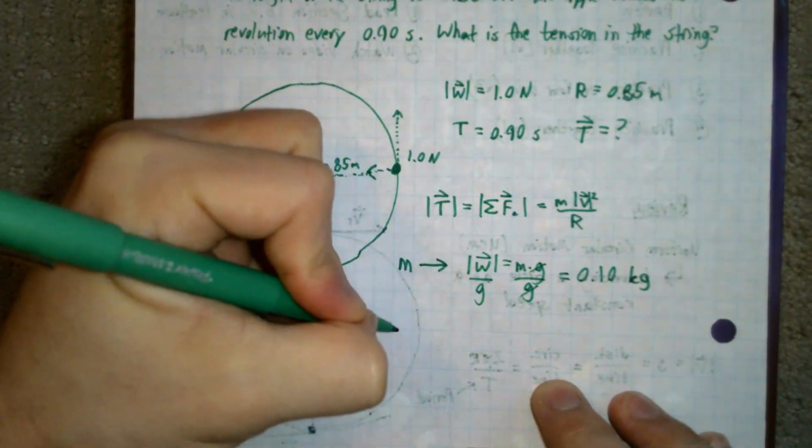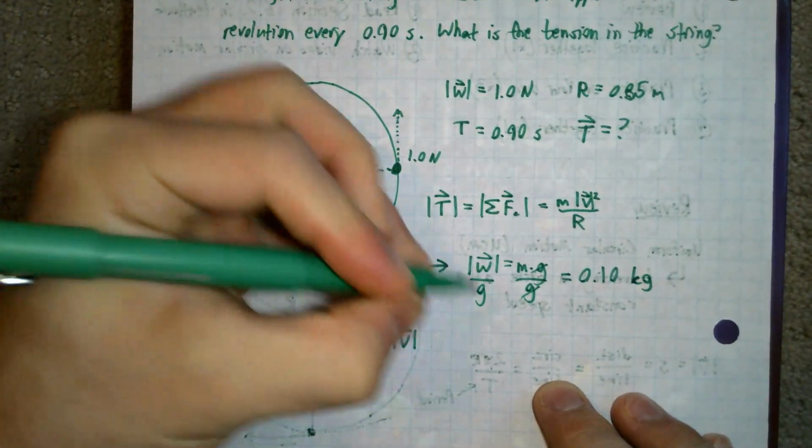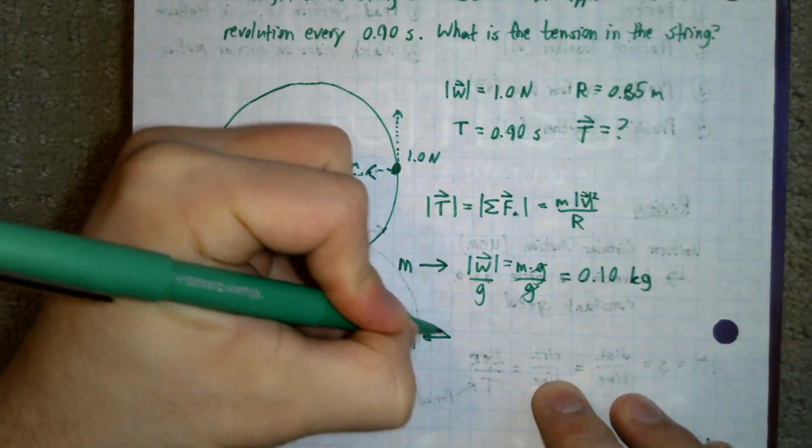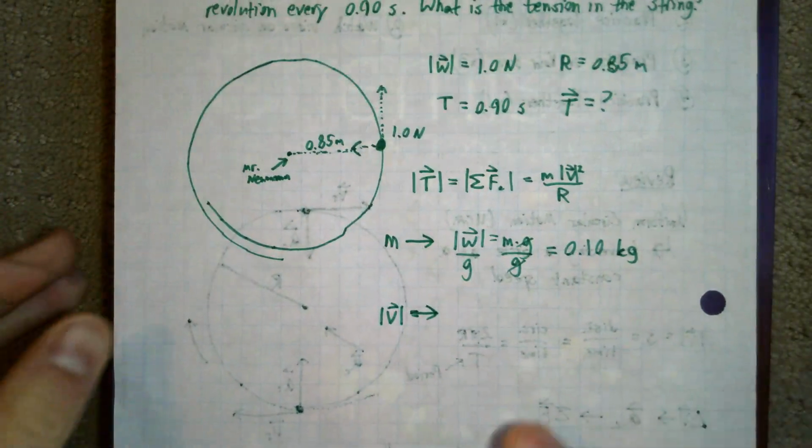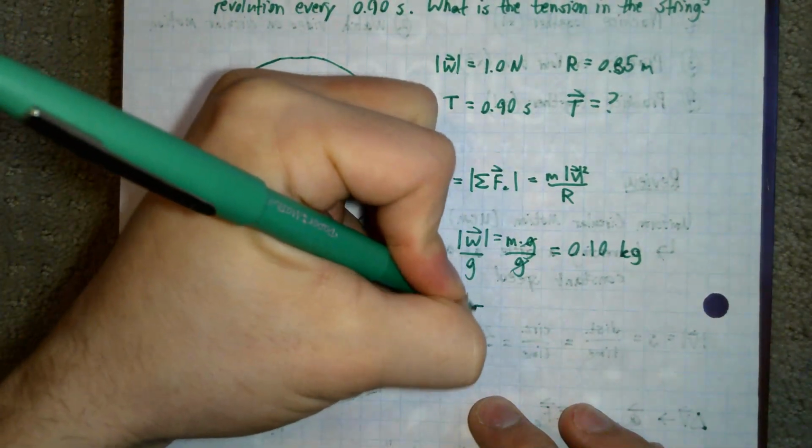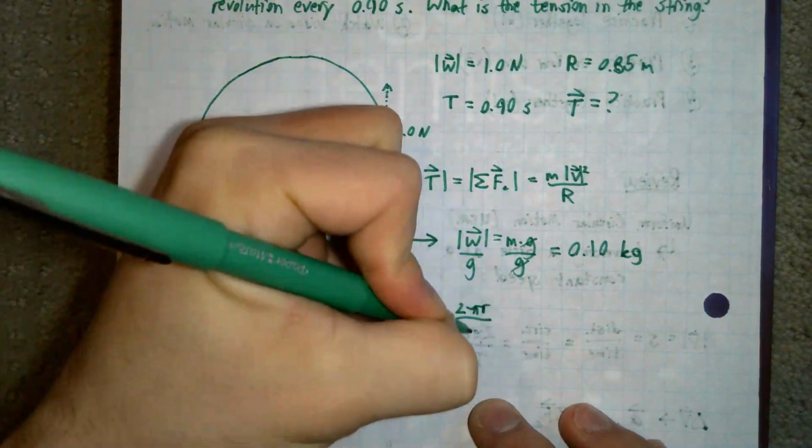Our next step is we need to find our velocity, or our speed, rather. To find our speed, we need to use our equation of 2 pi, the circumference, divided by the period.